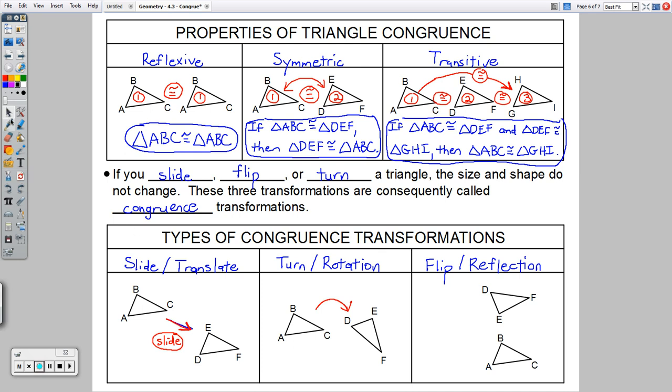So on this one, you have a flip or reflection, and this is right about here. This is the line that you'd be flipping it over, reflecting it over. So this one we turned, this one we flipped over this line.